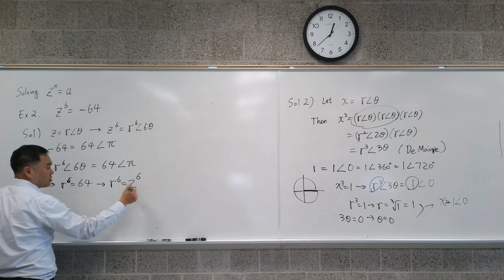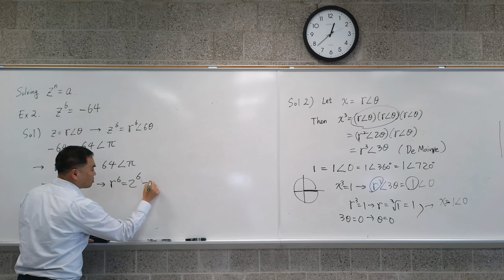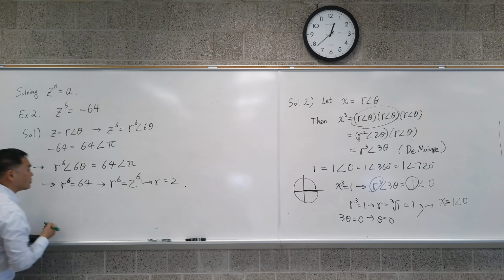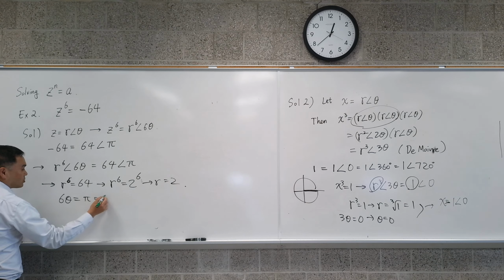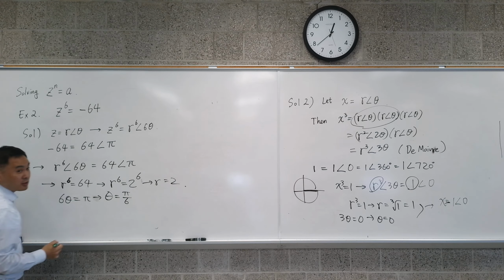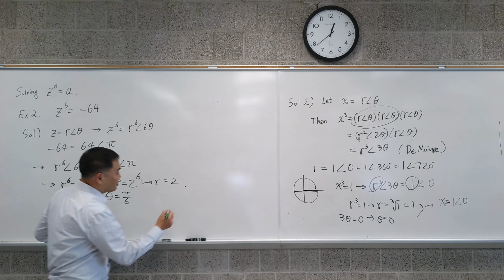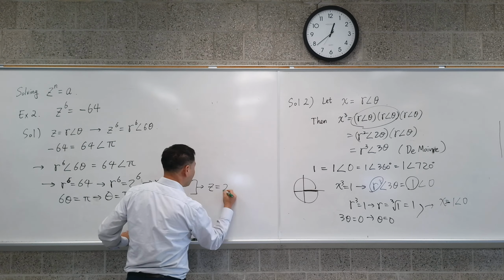This will tell you that r must be 2. On the other hand, 6 theta should equal pi. So that means theta is pi over 6, or 30 degrees. So this tells us that the answer is z equals 2 angle pi over 6.